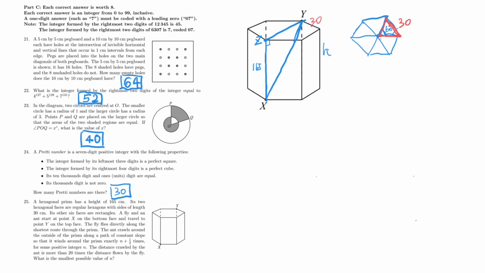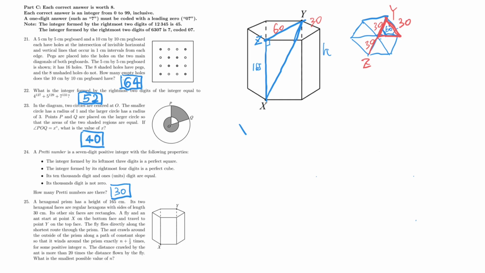And then this one from y to z. So from the center, that part is 30, and this part is 30. Total zy is 60. So we get 60 here.